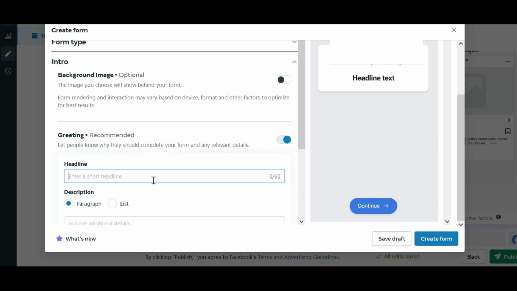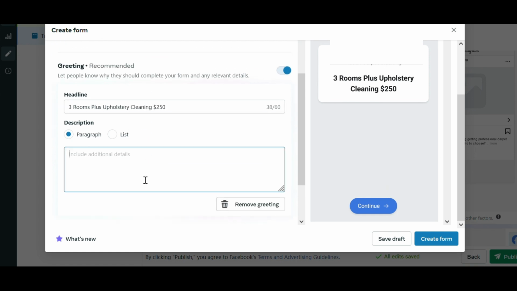So our headline is going to be the promotion we have. 3 rooms plus upholstery, $250. Okay. Let's do cleaning. All right. So then in here, we're just going to let people know. So we're in Houston, although our page is different.